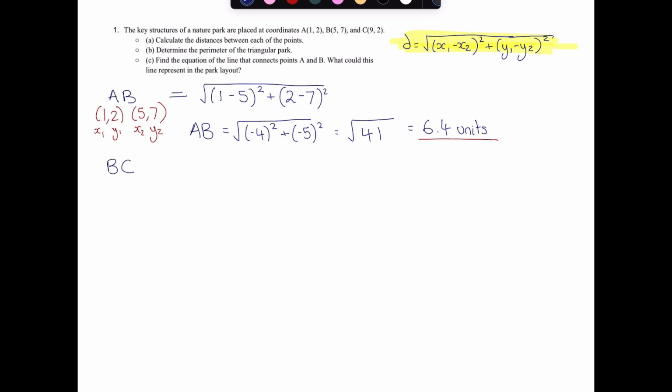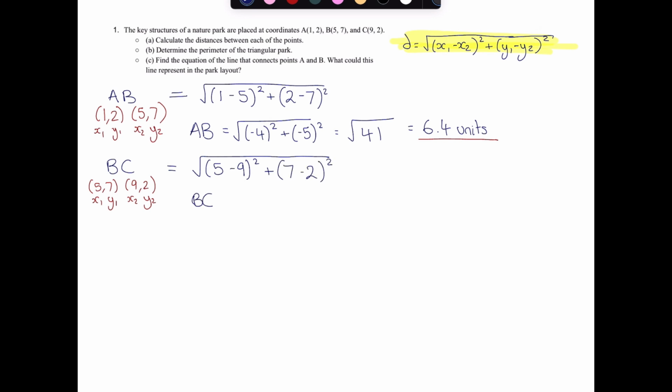So BC, again, I'm going to write the coordinates underneath just to remind me. So 5, 7 and 9, 2 this time. So we have x1, y1, x2, y2. Okay, that would be equal to the square root of 5 minus 9 all squared plus 7 minus 2 all squared.